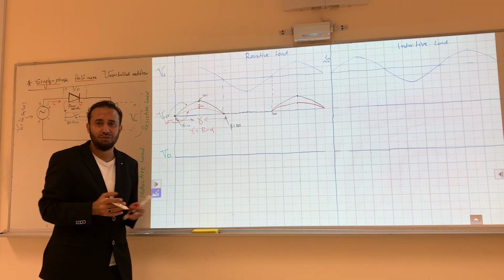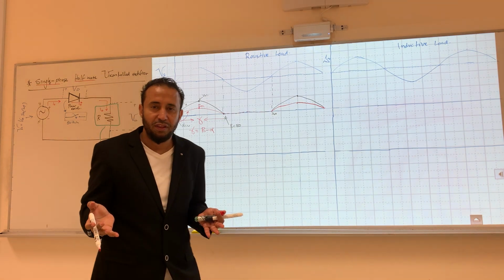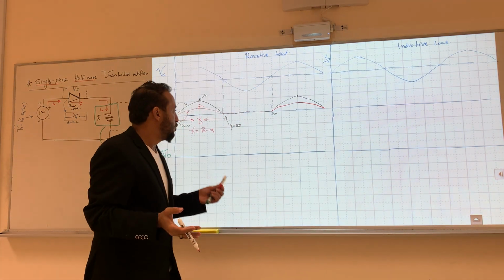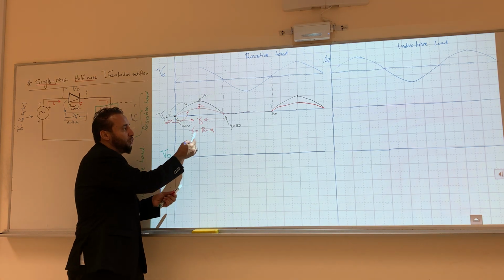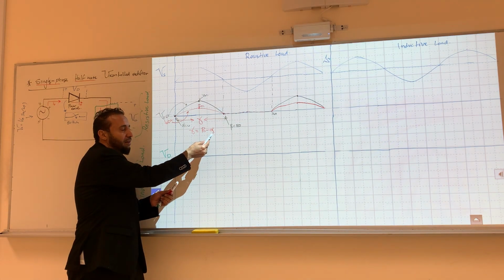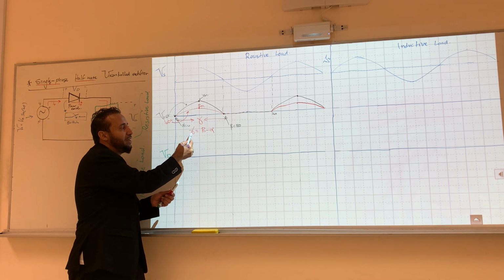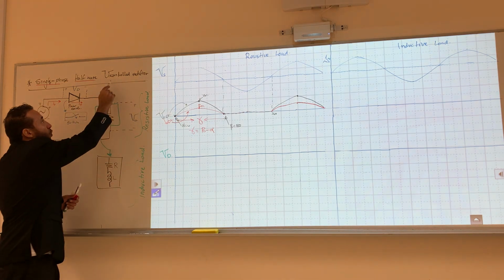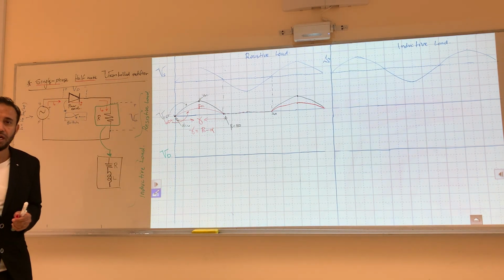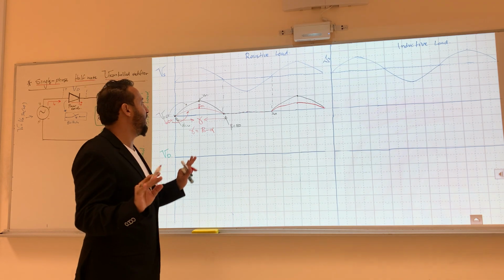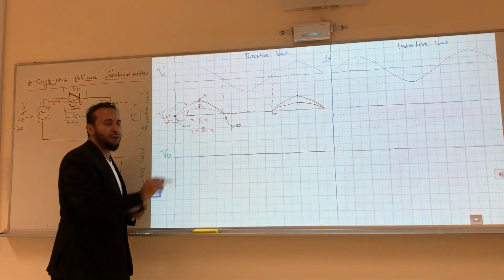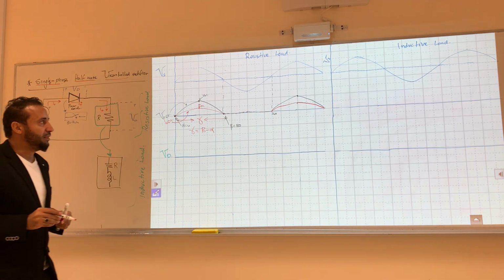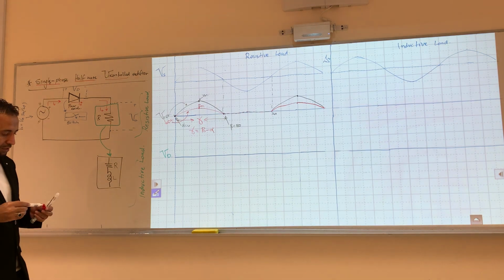It will start from 0. We're not controlling the firing angle. So the alpha will be 0, and gamma equals beta all the time in uncontrolled rectifier. When it's controlled, it's a different case because we can start at any point.